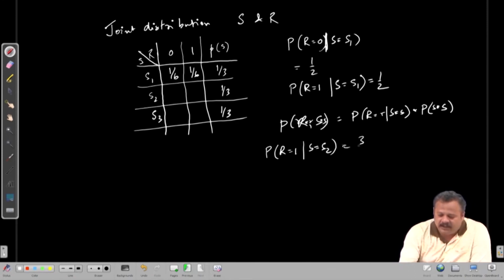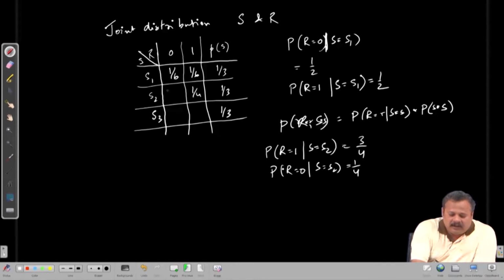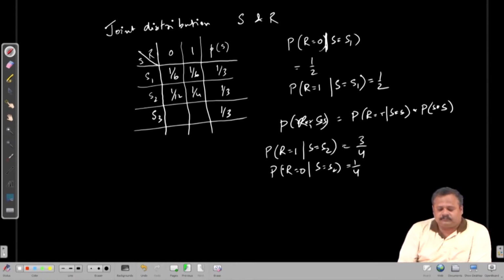And then obviously the probability of R equals 0 given S equals S2 is 1/4. Again, multiplying by the probability of S equals S2, we have 1/4 here and 1/12 here.